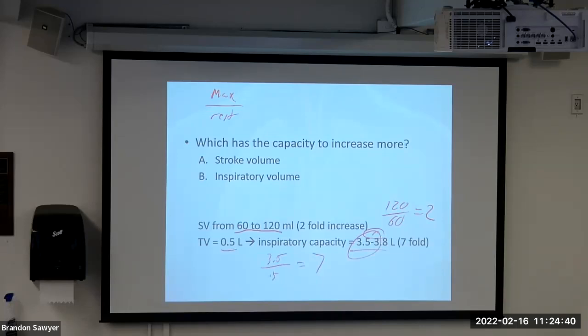Whereas tidal volume and stroke volume are kind of similar to each other because it's with each breath or with each beat. Ventilation tracks really closely with oxygen uptake. So when we see ventilation going up, oxygen uptake is going up in a very linear fashion. Obviously on a different scale, but they track well with each other. Yeah, good question. Other questions on that?